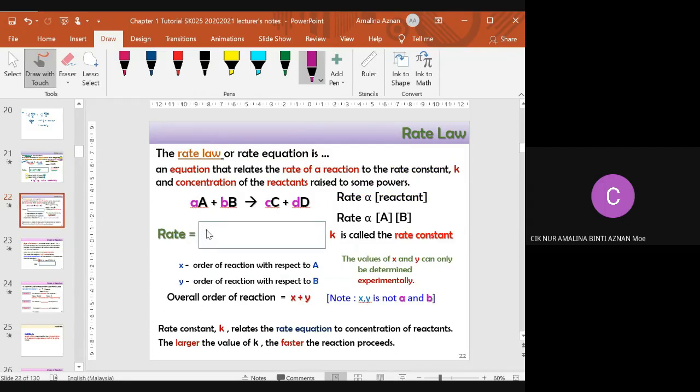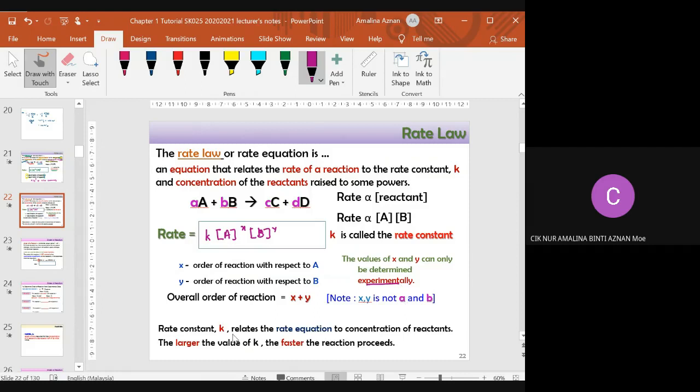Right, so the values for x and y you can obtain from experiment.